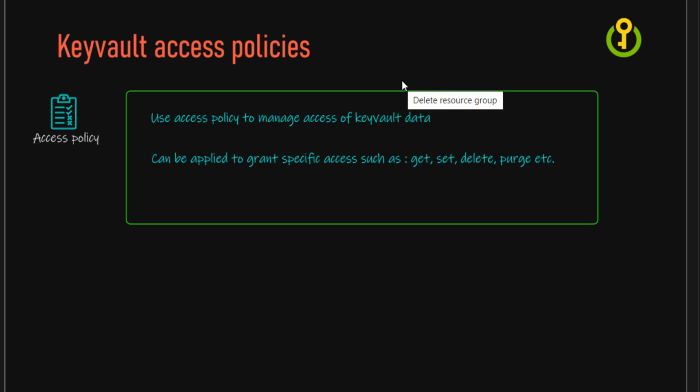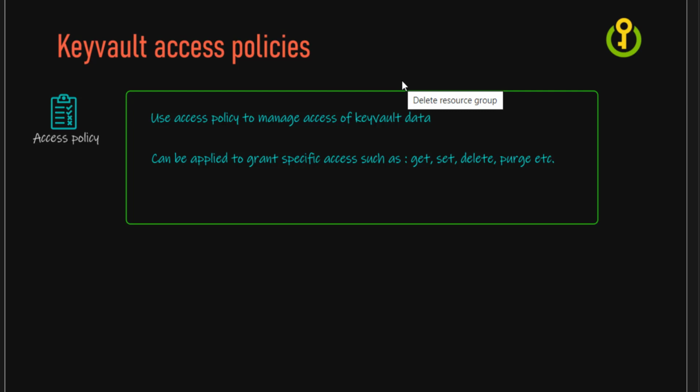For example, you could have an access policy for an application, user or group, and that access policy could have permissions such as only read, or only delete, or only write. Obviously, you don't want to delete data from a specific user unless it's intentionally required. But if you want to, you can do that.